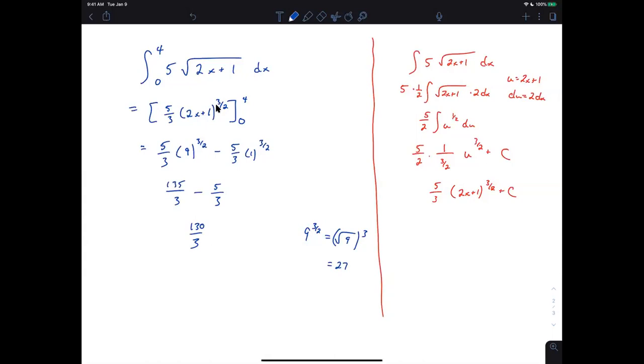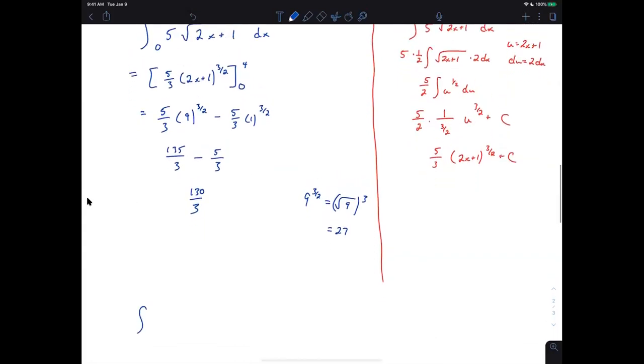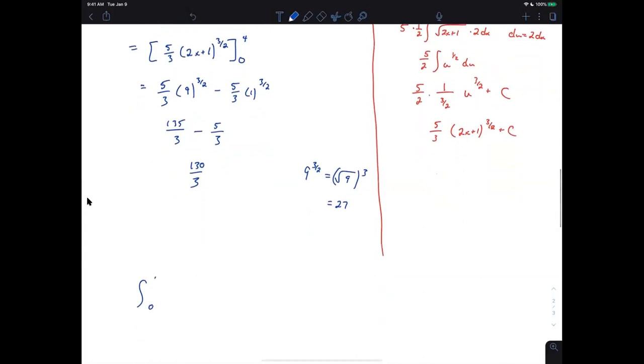I'm going to also quickly show how to do it while changing the bounds. This is what the actual question was, but I think this is the easiest way to show this. Okay. So if we're doing the same problem, 0 to 4 of 5 square root 2x plus 1.